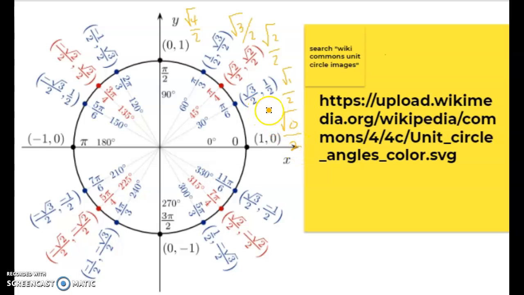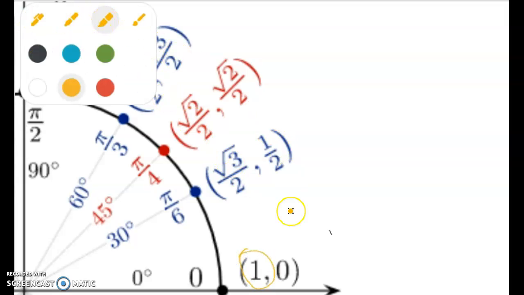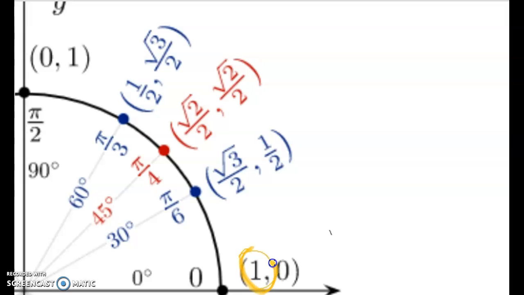Okay? Now, the x-coordinate is the same thing, just in reverse. So now we're going to talk about the x-coordinate. This is square root of 4 over 2, square root 3 over 2.